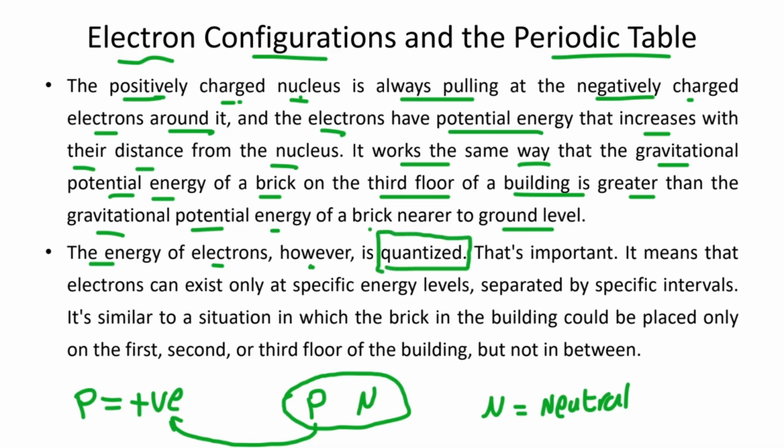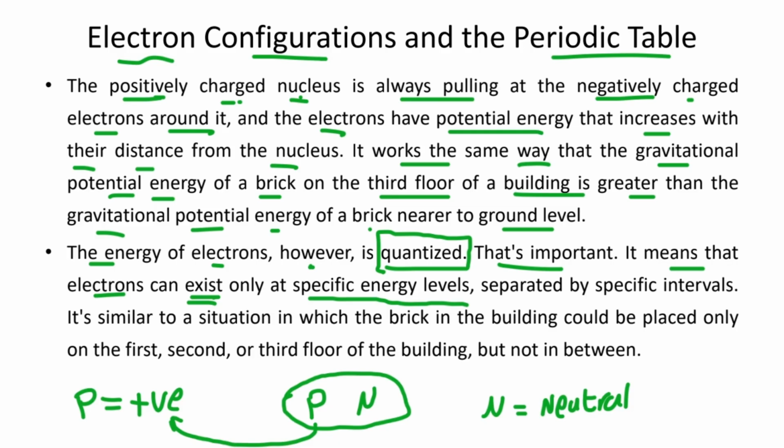It is a very important definition here: it has exactly specific energy levels. Very specific energy levels. That's important. It means that electrons can exist only at a specific energy level.